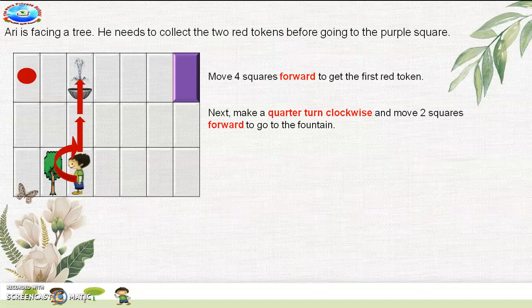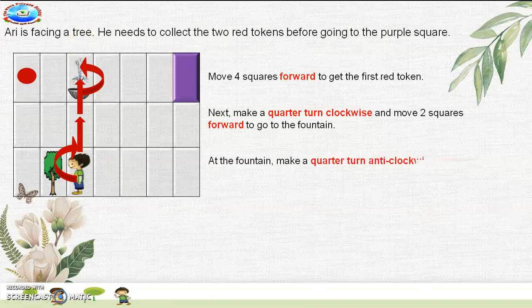Now Ari reached the fountain and he is facing this direction, not the red token. So next he wants to go to the red token. Before that he needs to take a turn. That means he needs to make a quarter turn. In which direction? Yes, anti-clockwise direction.